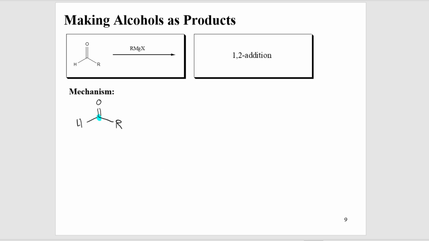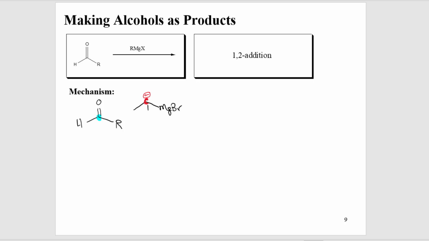I have an electropositive carbon. Let's say I'm using ethyl magnesium bromide. I'll change it up and use different Grignards just to give you an idea. Remember that it's the carbon that is negatively charged. It does have a hydrogen off of it.